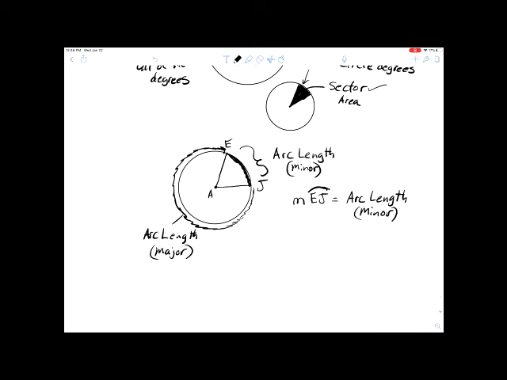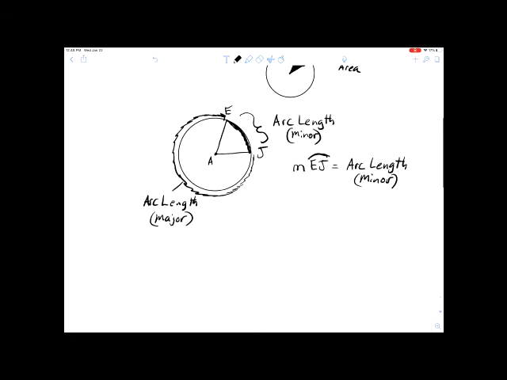Sometimes specifically they'll ask you for the major distance, but for the most part, anytime they ask you for the arc length, it is the shortest distance between the two letters. Are you listening to me? So when they ask you for the arc length, it should be the shortest distance between the two letters. If they say the major arc, then you look for the other one. But right now we're looking for the minor arc.